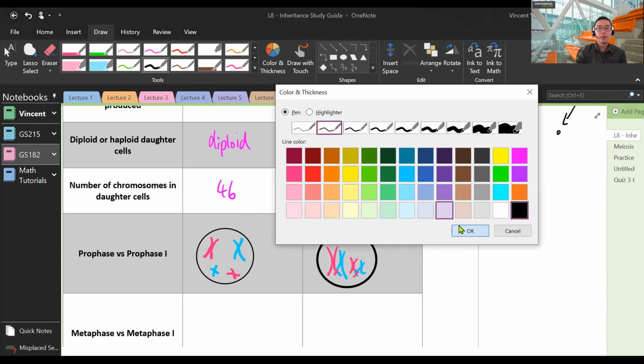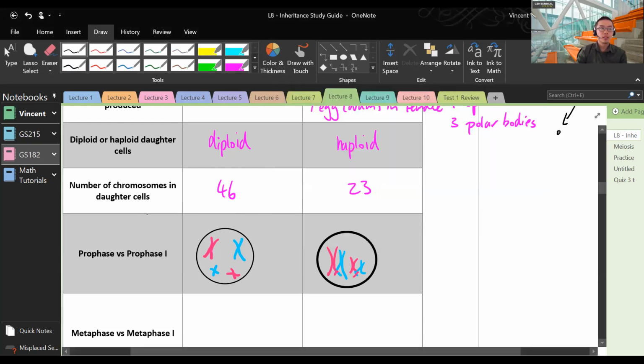Okay. So for mitosis, homologous chromosomes do not pair up.